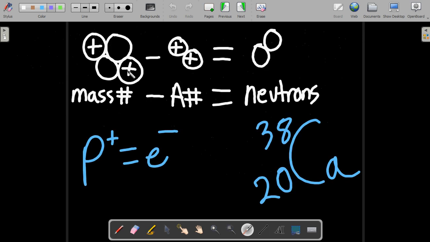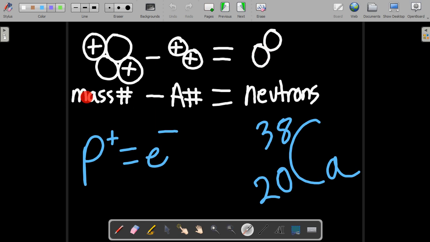Now here we have the mass number. So we have protons and neutrons, so the mass number would be 4. The atomic number is the number of protons, so I have 2 protons to subtract. If I have protons and neutrons and I subtract the 2 protons, that leaves the 2 neutrons.